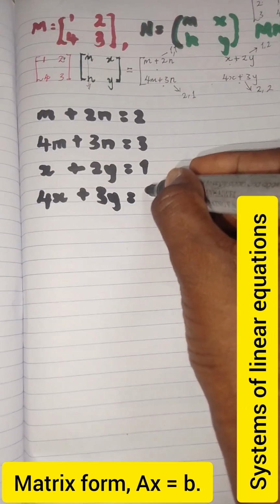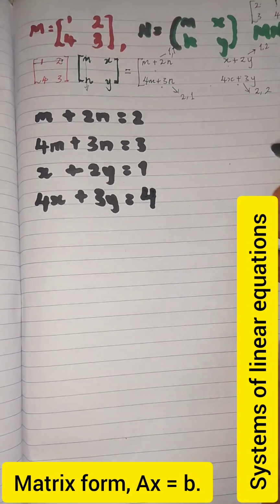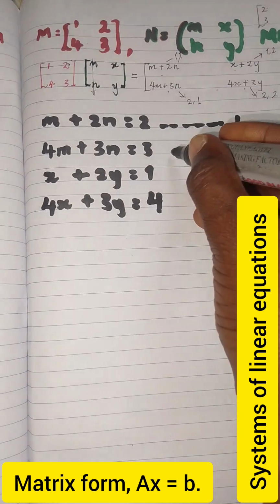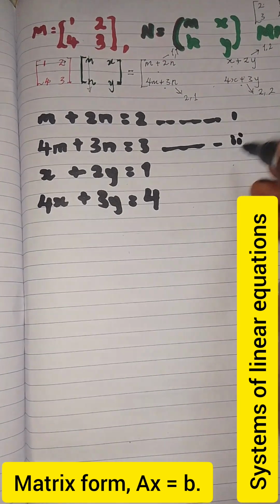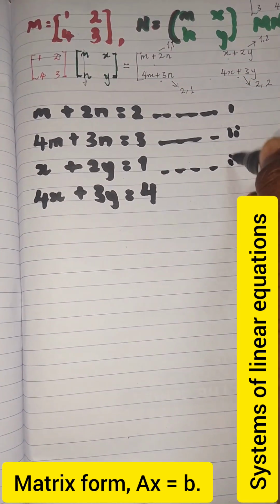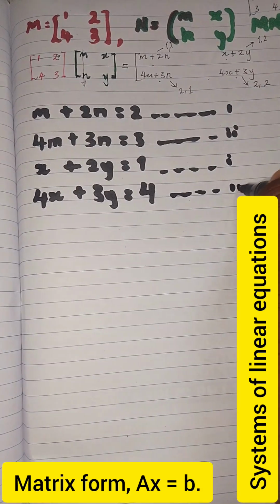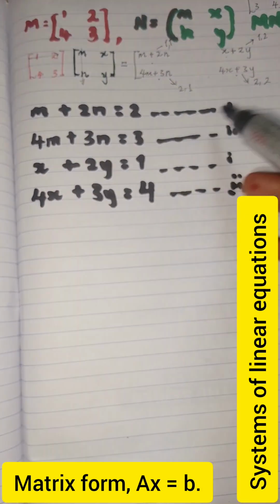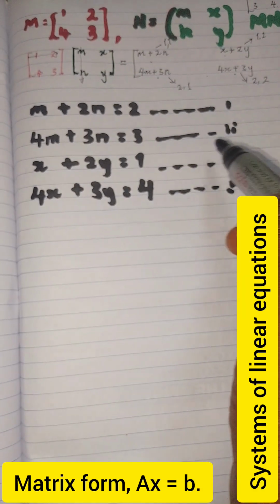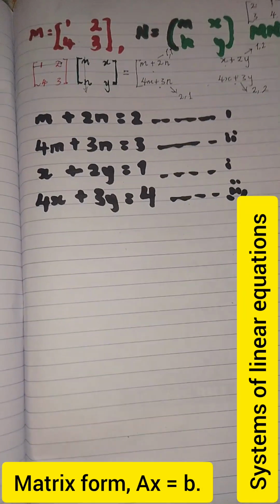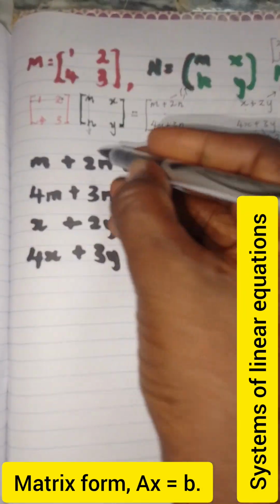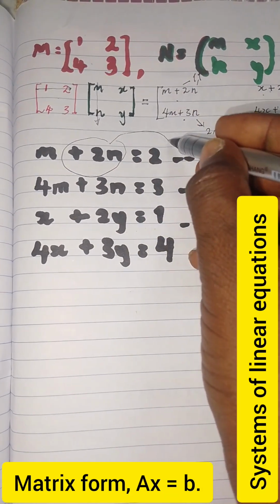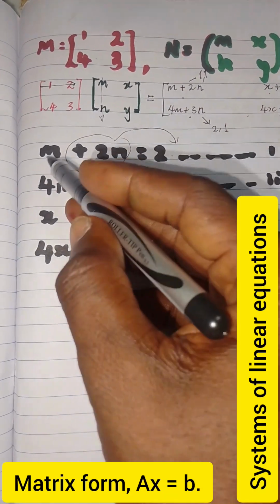Of course, this one takes us to simultaneous equations: equation 1, equation 2. Using simultaneous equations, we get the value of m and n here, and the value of x and y here. From equation 1, 2n has to come here, so m will be equal to 2 minus 2n.